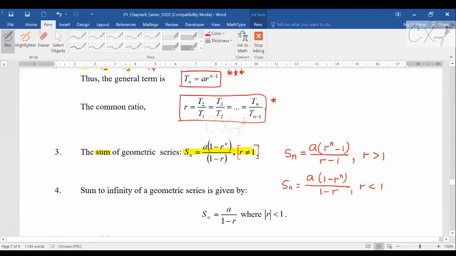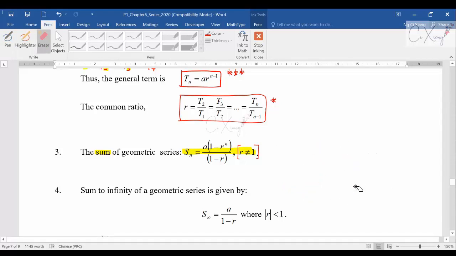Last time you learned these two, separated into two different conditions. But what I want to tell you is, for the A-level syllabus, no matter which formula you use, you get the same answer. That's why in the formula booklet, they only provide one formula. They are not going to give you the other one, because no matter which one you use, they are the same. You will still get the same answer eventually. Then this is what we have for the sum of the n terms.